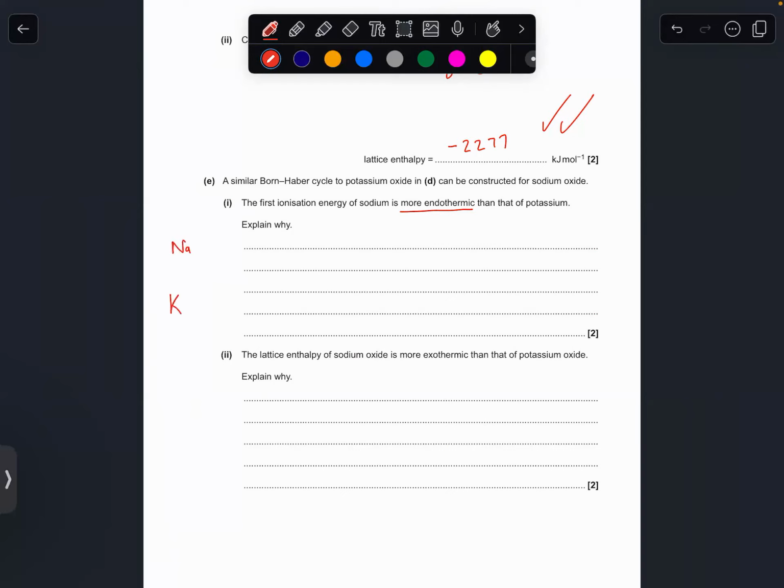We're using the DSN factors and how they affect the nuclear attraction. You see, as you go down the group, the atomic radius increases, which results in more shielding. And what this does is it decreases the nuclear attraction. And even though the nuclear charge increases, this effect is outweighed.